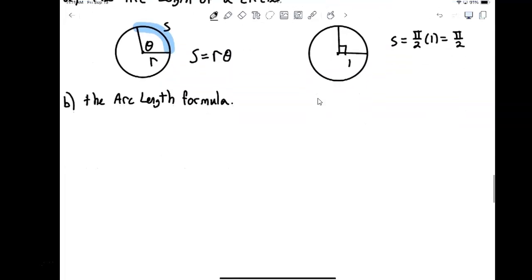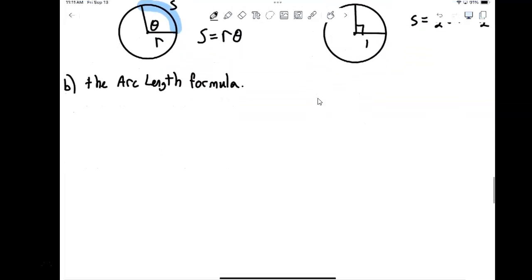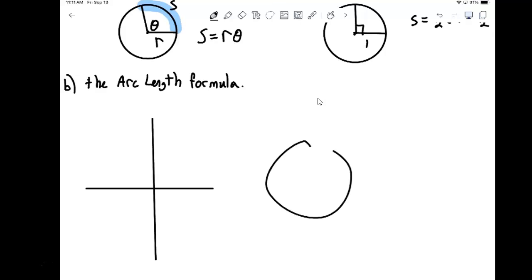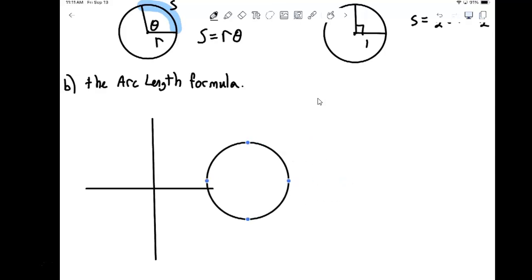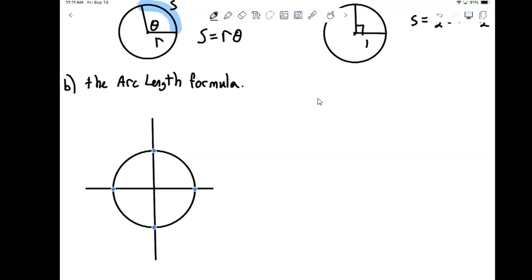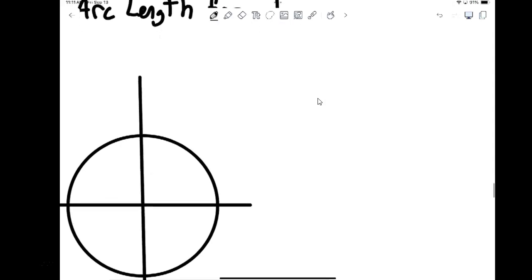So let me draw in my x and y axes here, and let me draw in a circle of radius 1. We're going to move him over here. And there it is. So basically, we're looking at the arc length right here, just our pi over 2 angle.